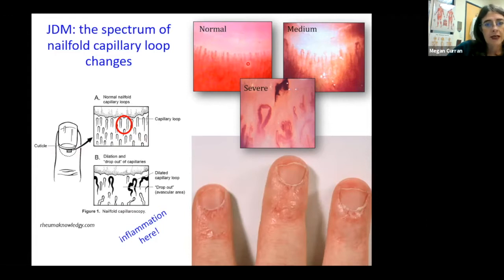But in myositis, the dermatomyositis in particular, the capillaries get inflamed, irregular, irritated, and so you start to see that they get dilated, and then they can even drop away. And that's a sign that there is vasculopathy going on within the blood vessels. And even in some kids, if you just look with the naked eye, you can see those dilated vessels there. And you can also see some overgrowth of the cuticles in patients with dermatomyositis.